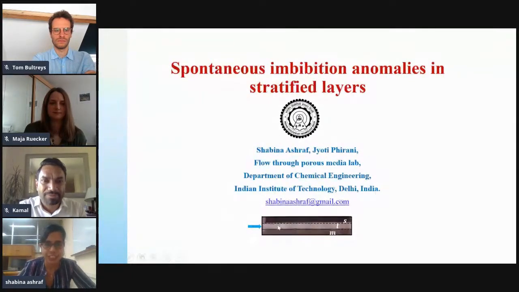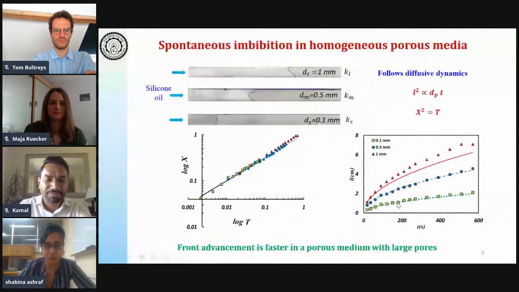I would like to start with homogeneous porous systems. Here are three homogeneous porous systems, and when a wetting fluid is placed, imbibition, or capillary invasion, begins. It is well known that the larger pores will have a fluid front that travels faster than the smaller pore systems.